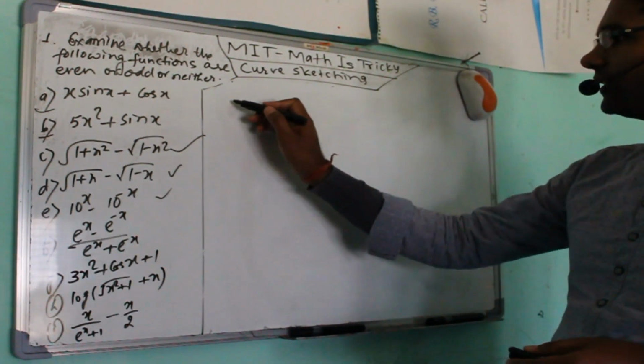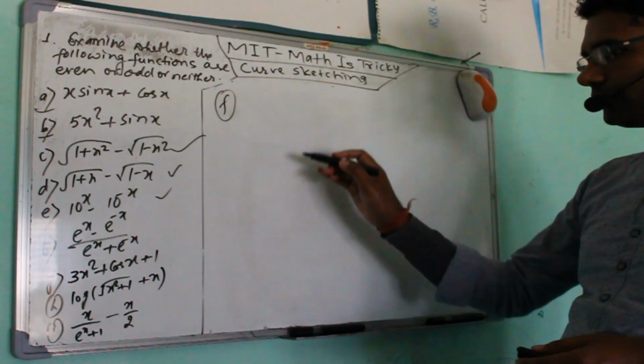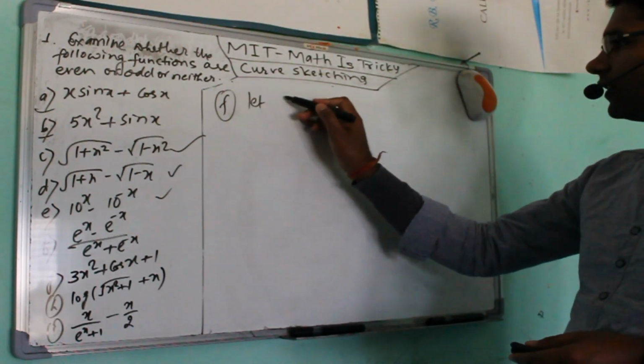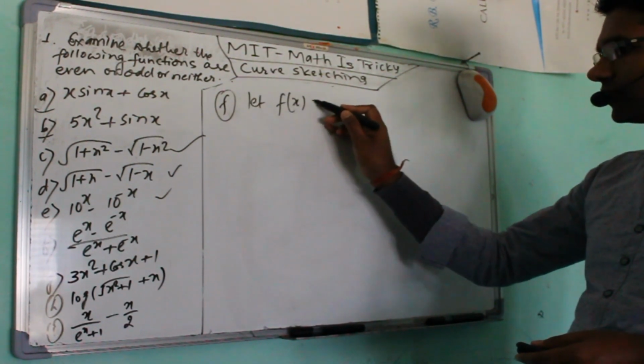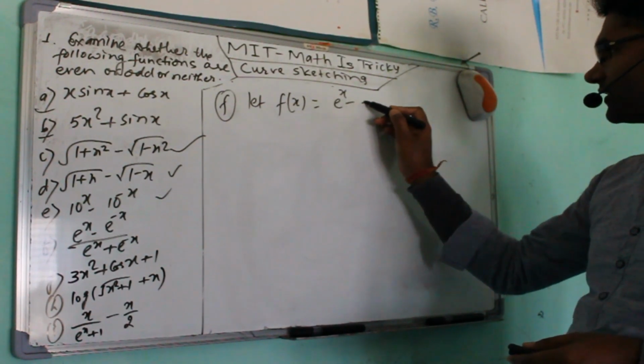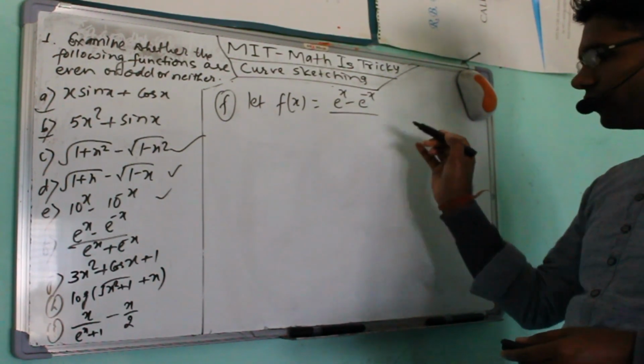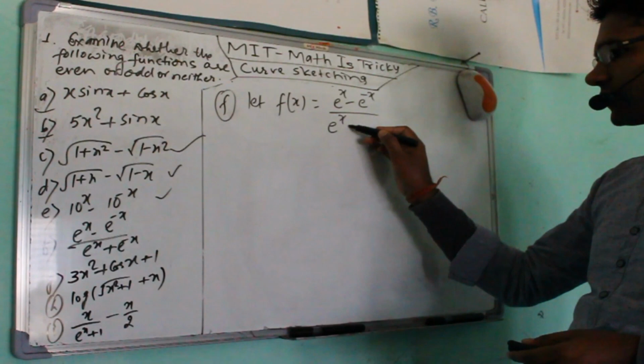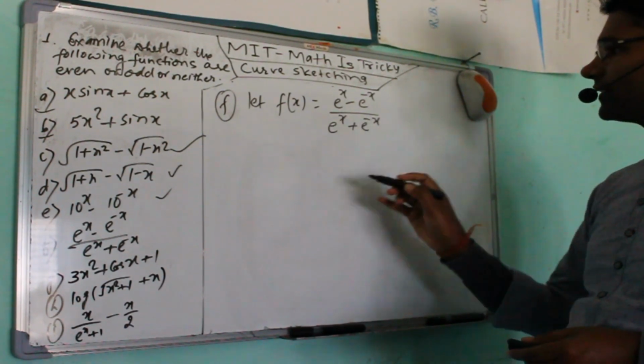Let's move to question number F. Let f of x equal e to the power x minus e power minus x, whole divided by e power x plus e power minus x.